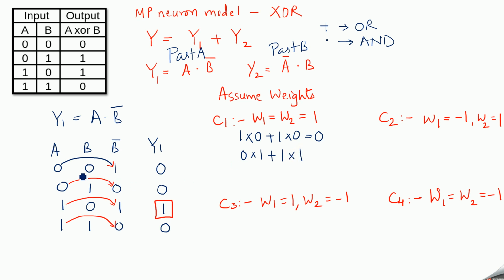I repeat once again, we are considering these values when we are multiplying with the weights and not the bar values. Similarly, when you consider 1 and 0, so 1 into 1 plus 0 into 1, you get the answer as 1. And ultimately you get 1 into 1 plus 1 into 1, you get the answer as 2.